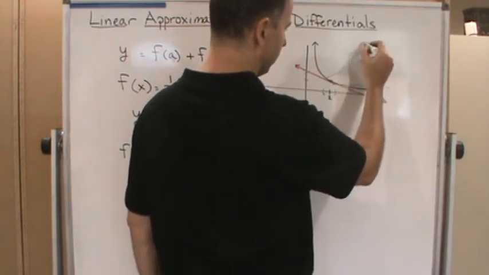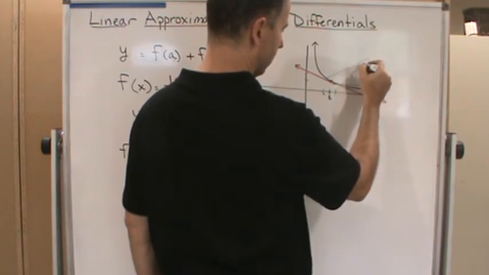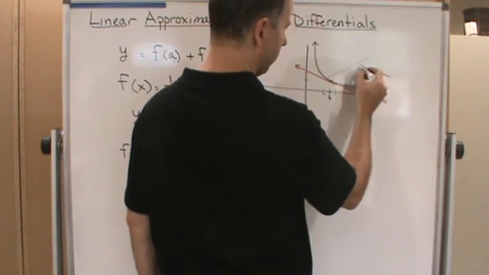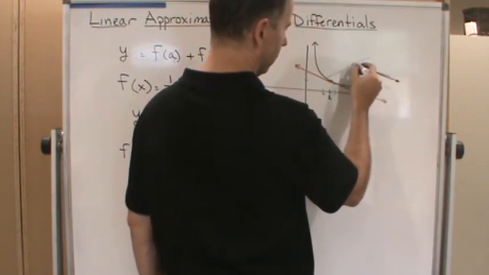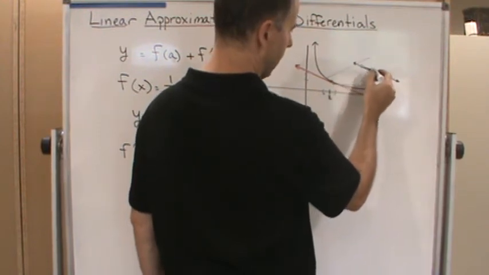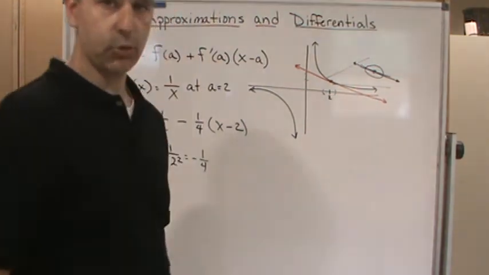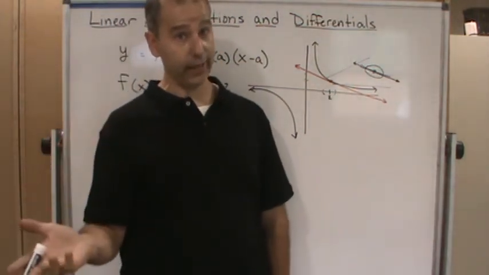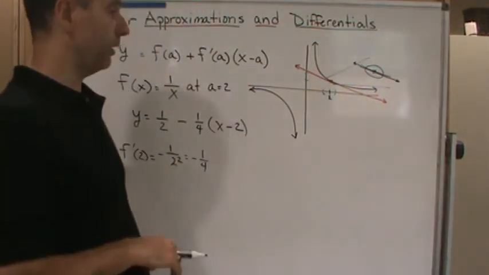We've got this curve that now looks like that, and the tangent line does that, and so now you're really close, right? Because remember, the more you zoom in on a curve, the straighter it looks. So that's the idea behind linear approximation.